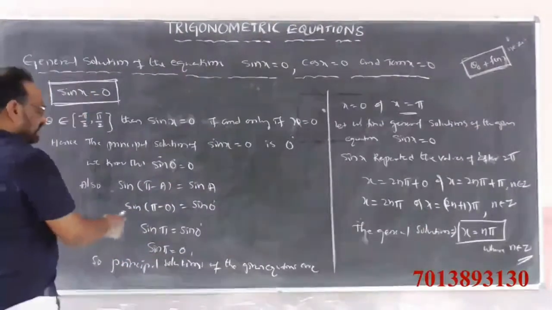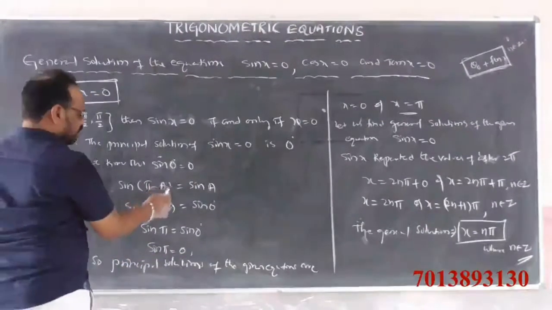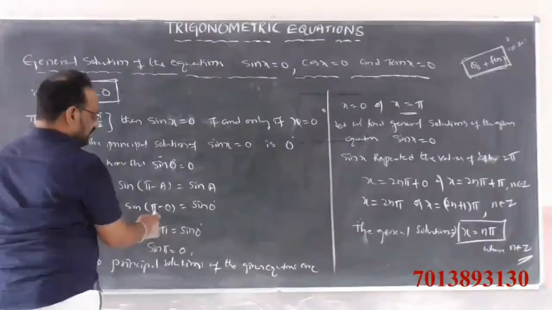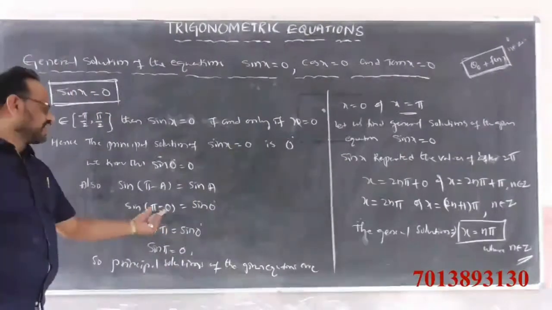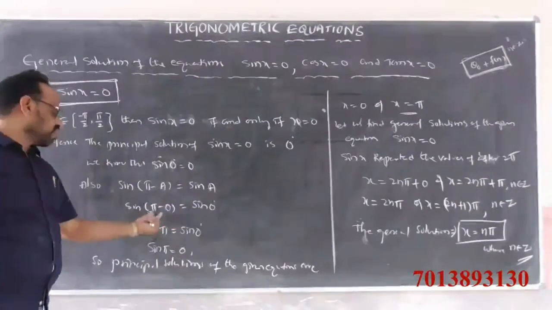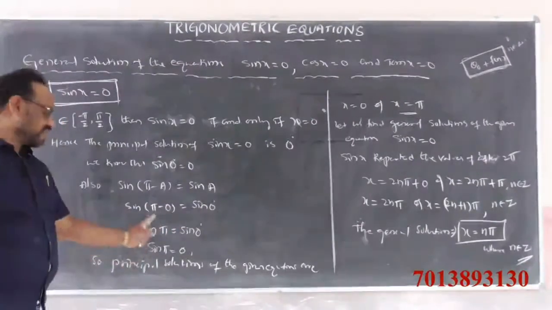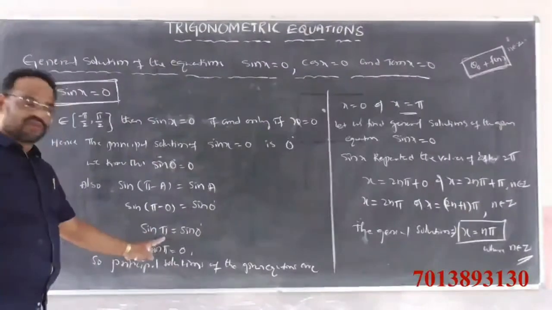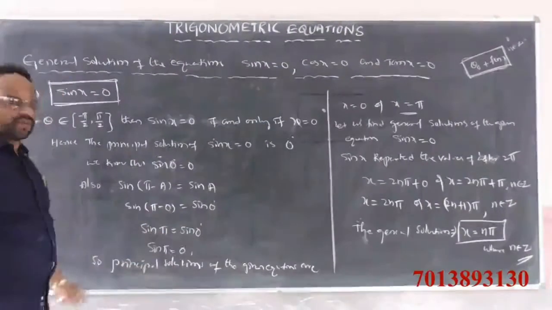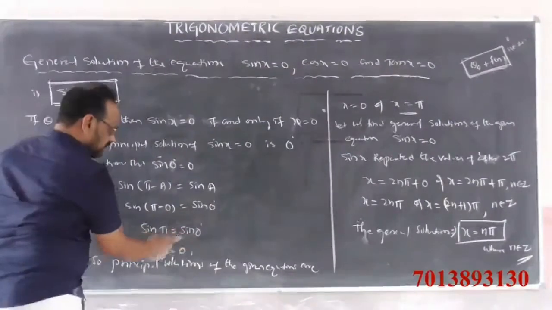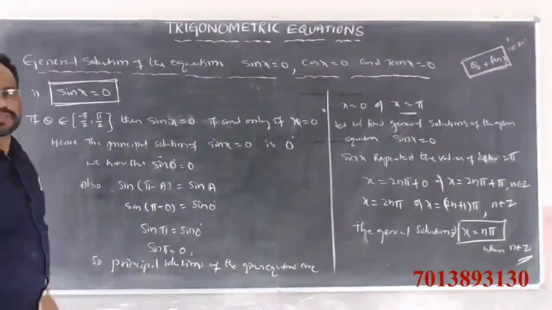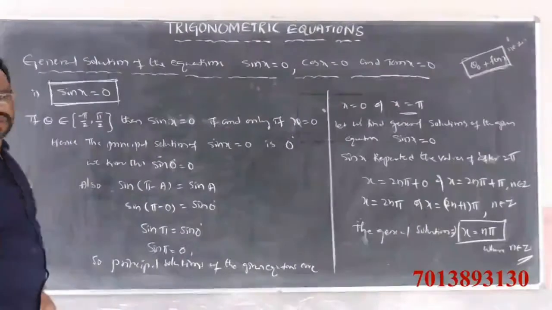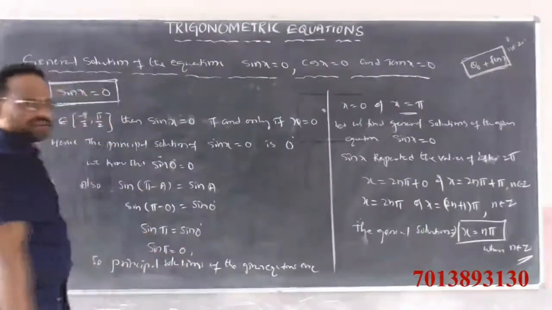So sin of 180 minus A, if you take the value 0, sin of pi minus 0 is nothing but sin 0. 180 minus 0 we get 180. Sin pi is equal to sin 0. That means sin pi value is also 0.